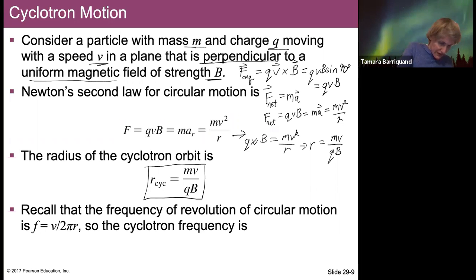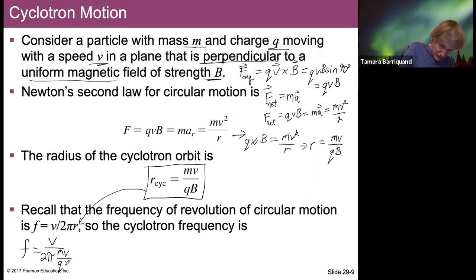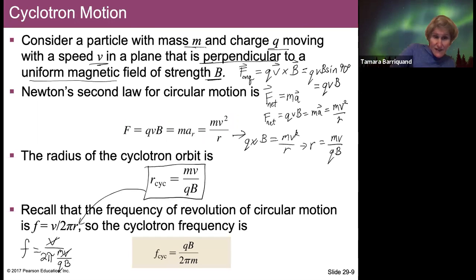If we plug in what we found for r, where r is mv over QB, I can cancel one of my v's and bring the QB up on top, and I see that the frequency for cyclotron motion is QB over 2 pi m.